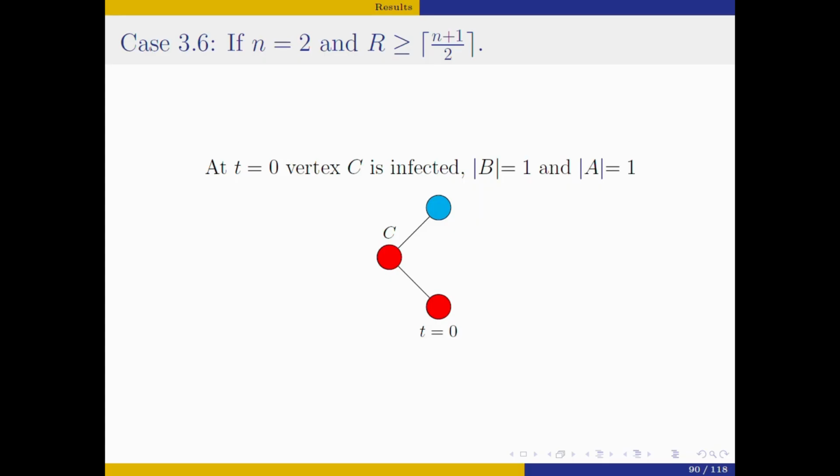Let's start with case 3.6, which says that if we have two external vertices and R is more than or equal to the ceiling of the quantity n plus 1 divided by 2, and we have an initial state where the central vertex is infected and one external vertex is healthy and the other is infected.